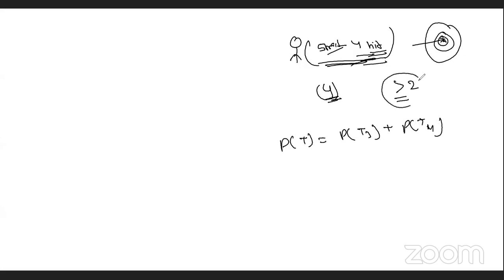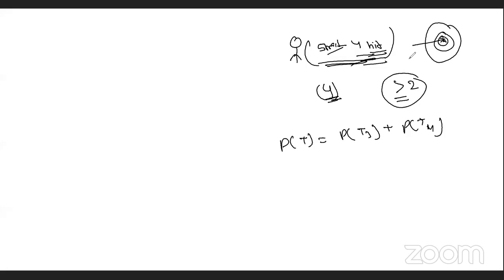I asked what the probability is that the person will hit the target more than 2 times, and more than 2 means it is possible that the person will hit the target 3 times, or 4 times. So I'm supposed to consider all of those scenarios. Unless I consider these scenarios, I will not be able to find my result or probability for more than 2.